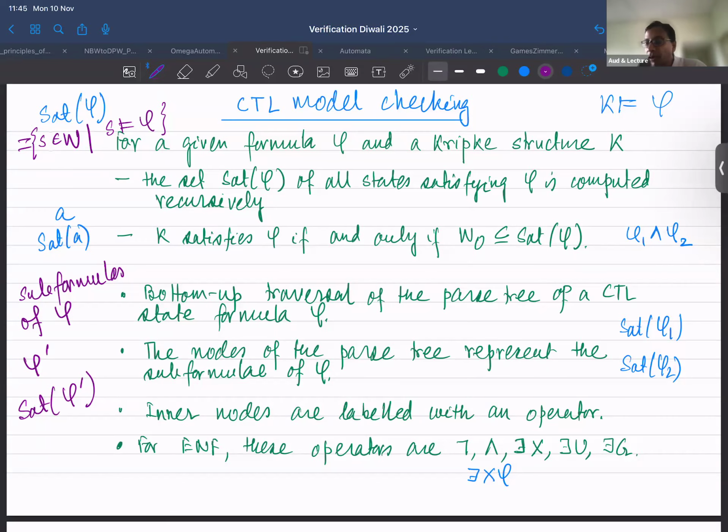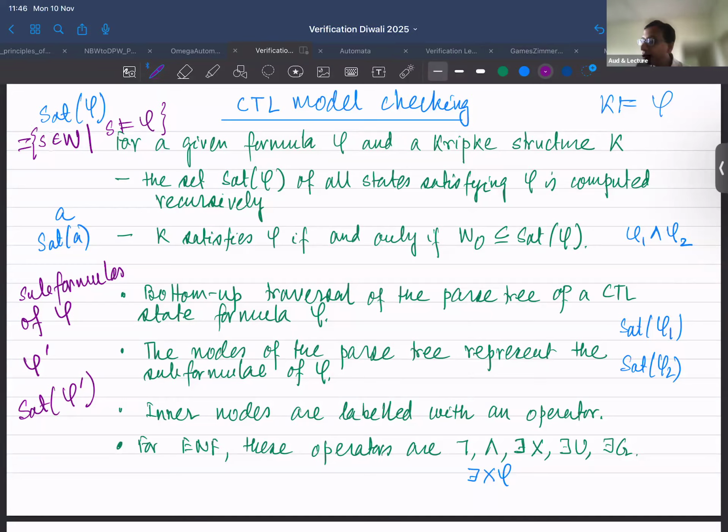Then we solve the satisfiability set starting from the bottom of that parse tree, starting from the leaves. For each leaf, which may be just a proposition in itself, we compute the set of states which satisfies that proposition, and then as we go up the tree we build the satisfying set for each of the subformulas.